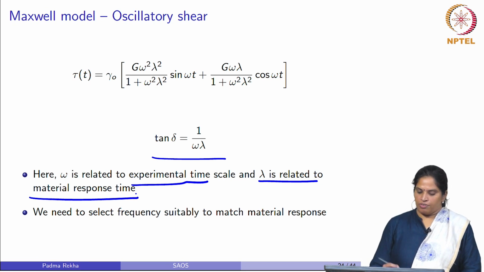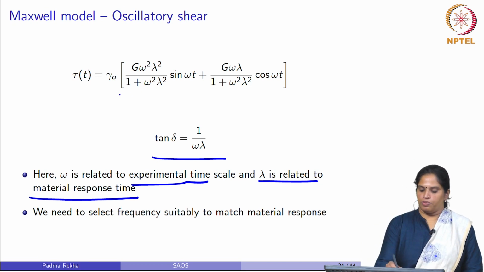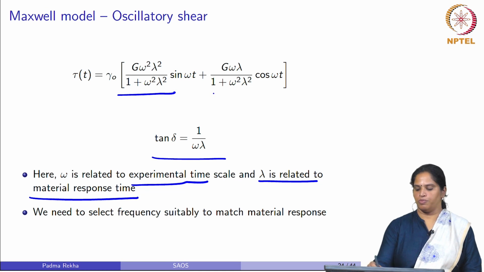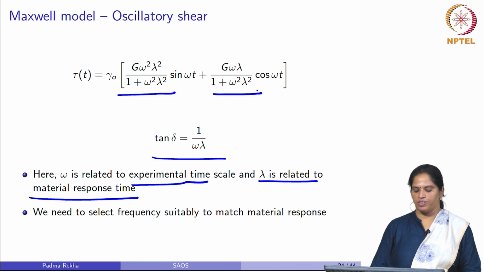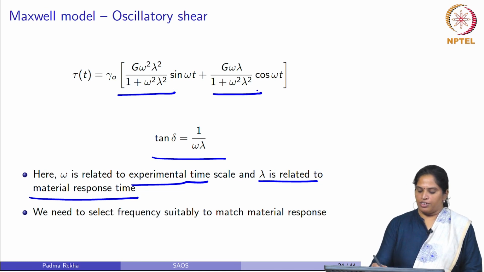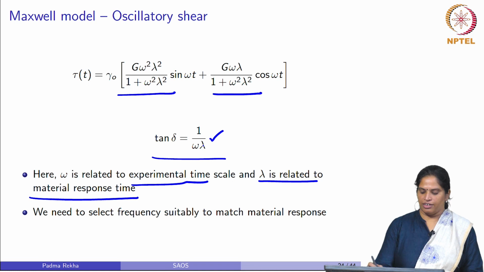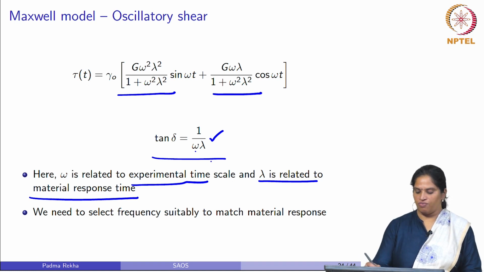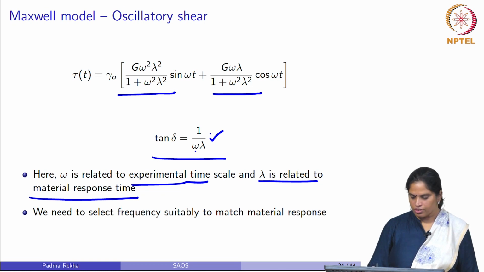Here we see that the storage modulus and the loss modulus are functions of frequency, and the ratio of the loss modulus to the storage modulus gives the tan delta value, which again changes with frequency.